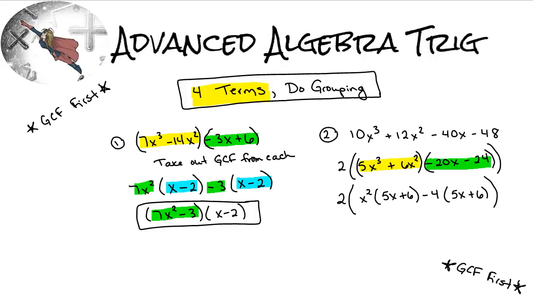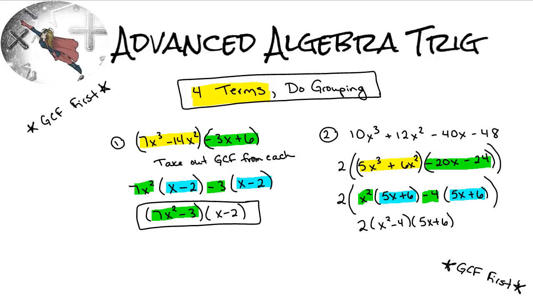Okay, so we're doing good because 5x plus 6 and 5x plus 6 are the same. So, like before, we take this x squared and this minus 4 and we put them together. X squared minus 4. We put the 5x plus 6 right next to that. The 2 is still in front. We don't need extra pairs of parentheses.